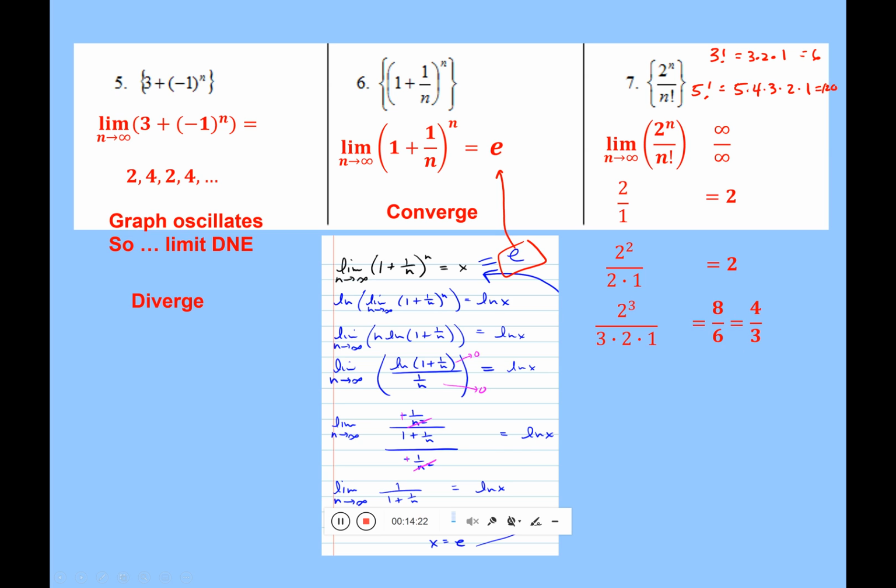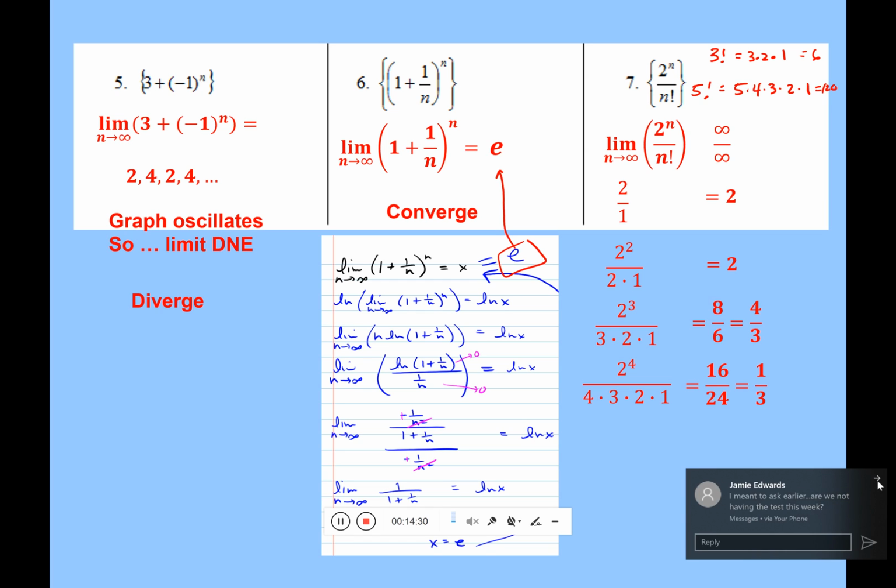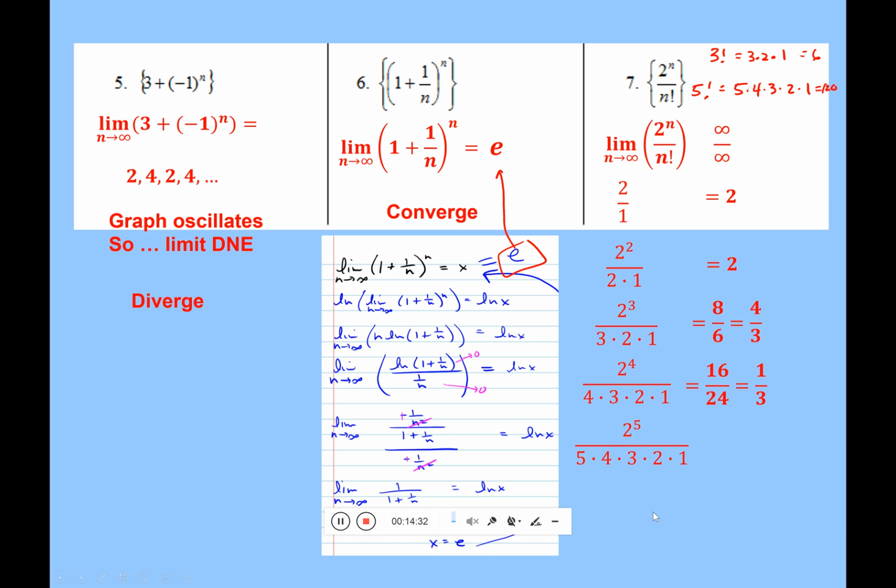And we could go through the math, but I'm just going to show you. If n equals 4, if we do the math, that'll simplify to be 1/3. And I'll go one more. If n equals 5, right? We got 32 over 120, and that'll simplify to be 4/15. Is that enough to show that I went from 2 to 2 to 4/3 to 1/3 to 4/15? Do you see that the terms are getting smaller?